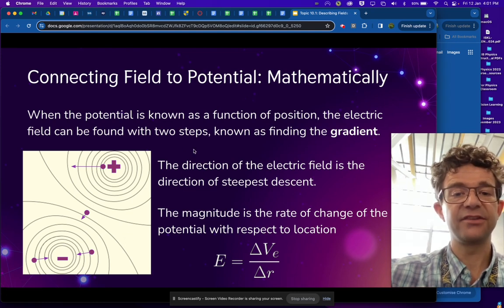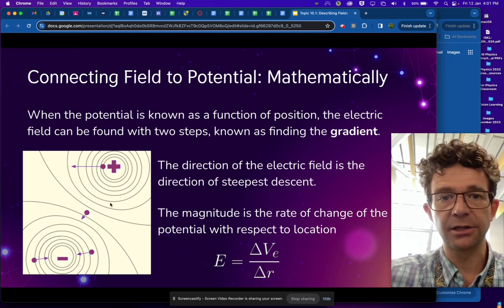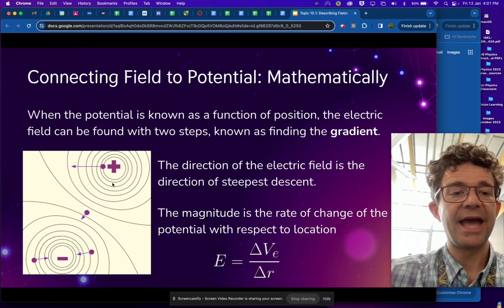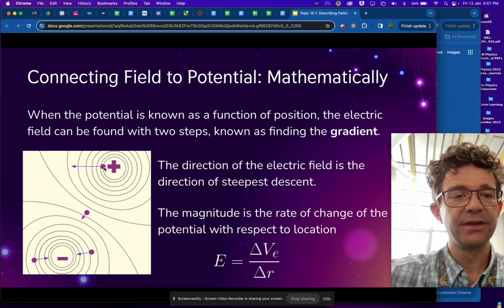The second thing is finding the direction of steepest descent, which will be perpendicular to the equipotentials at that point. And notice what we mean by steepest descent is how do you go across the potential lines most quickly? So you'll notice that this arrow here goes down across the potential lines as quickly as possible, staying just perpendicular to them.